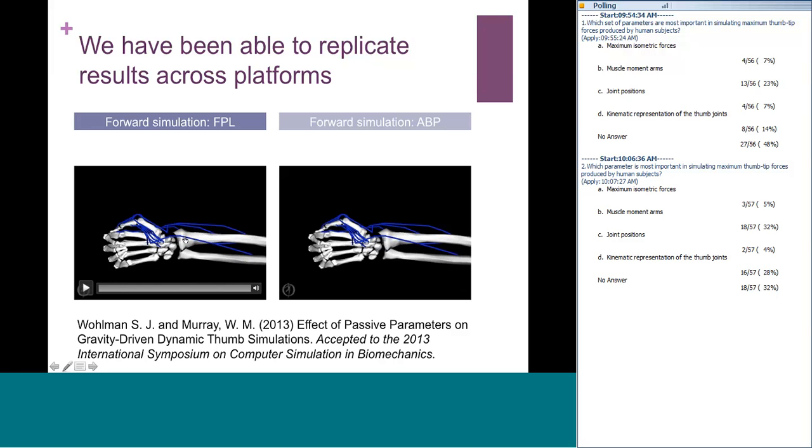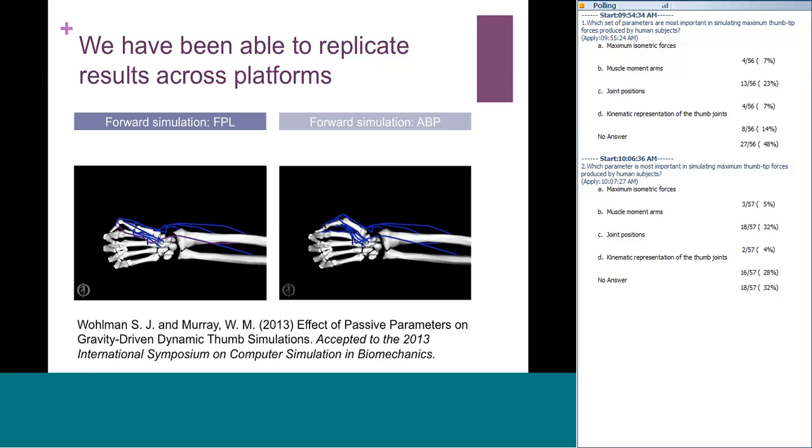And so this has all the kinematics of the SIM model, plus there are inertial parameters, and one of the things that Sarah's going to be talking about at ISCSB is the passive parameters that you need for the simulation to run. And so here you can see what we do in the SIM MATLAB model is we solve a bunch of problems computationally, and here we turn on a muscle, and the forces it generates are applied to the bones, and the dynamics are run in a forward way.